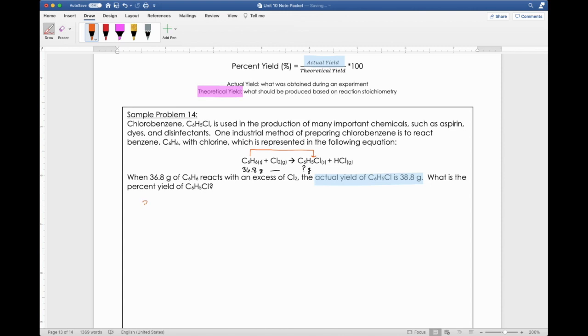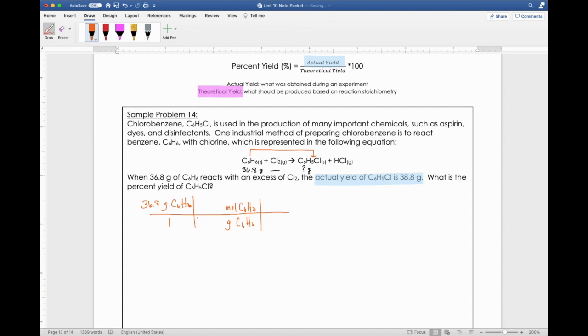So we have 36.8 grams of benzene. That looks like a funny looking 6, but we're just going to go with it. I'll fix it, I guess. There you go. Let's use the molar mass first. So grams to moles of benzene, grams of C6H6.